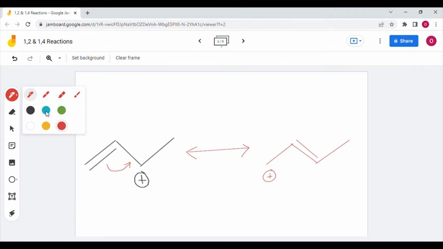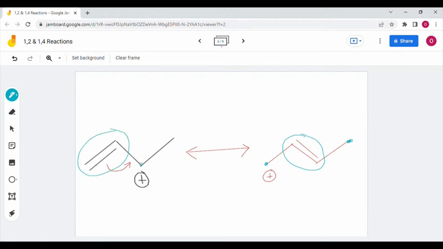If you remember from your Orgo 1 content, this is a secondary alkene because this double bond is adjacent to 1 and 2 carbons. Conversely, in this resonance, this is only adjacent to 1 carbon. Because of that, this resonance structure is more stable.